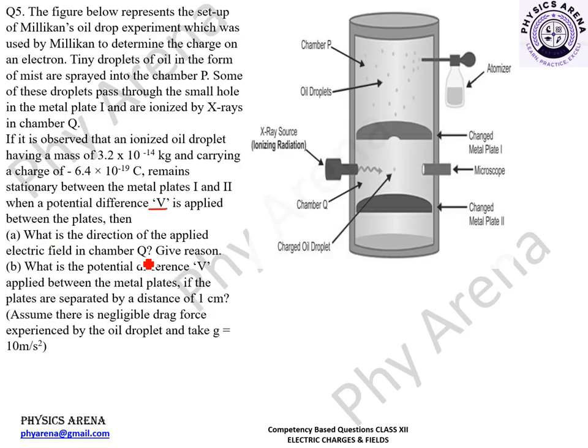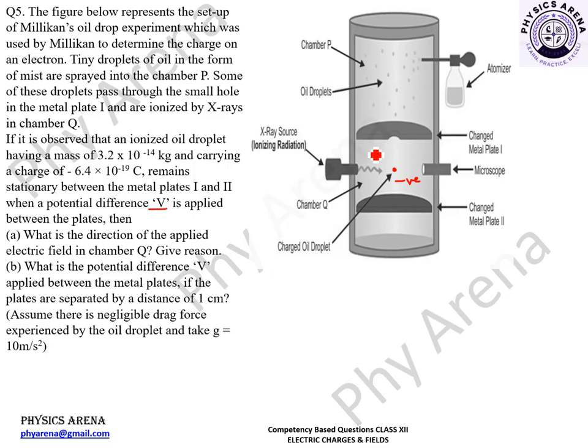Let's take part 1. What is the direction of applied electric field in chamber Q? In chamber Q, we need to find the direction of electric field. See, this oil drop that has reached chamber Q is negatively charged. In order to make this negatively charged particle stationary, it should experience a force in the upward direction.